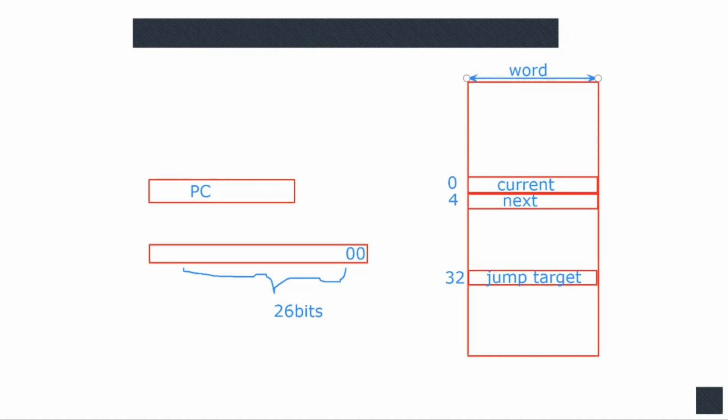That means if you take a single word here, that has 4 bytes in it, and each of them has an address.